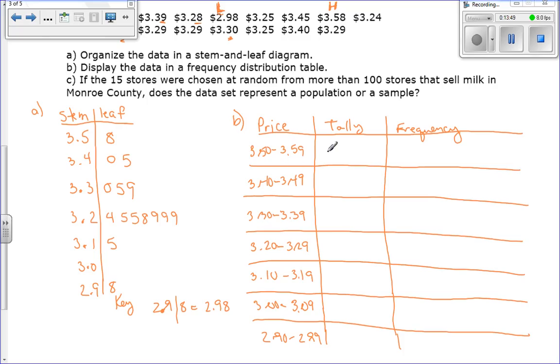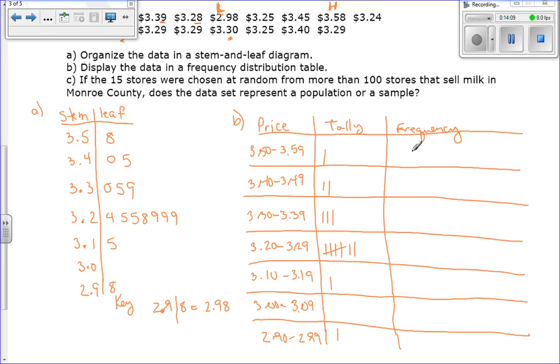We could go back and tally like you did back in algebra. There was 1 in there, there's 2 here, there's 3 here, and then here we had 7. In this set we had 1, here we had nothing, so we leave it blank, and 1.